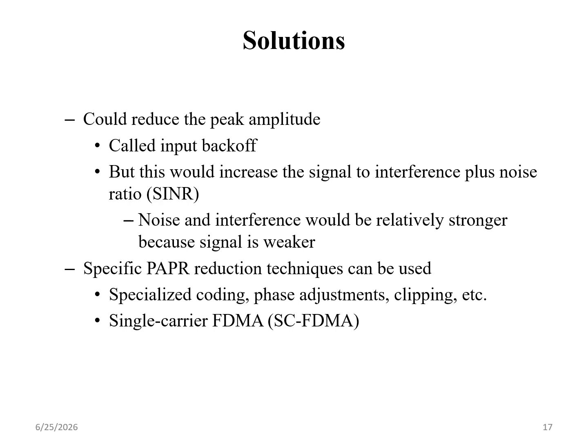SNR is nothing but signal to noise ratio. SINR is signal to interference and noise ratio. The noise and interference would be relatively stronger. Why? Because your signal is weaker. In communication, if the noise is maximum, obviously the signal will be lesser. If the signal is higher, the noise will be lesser.